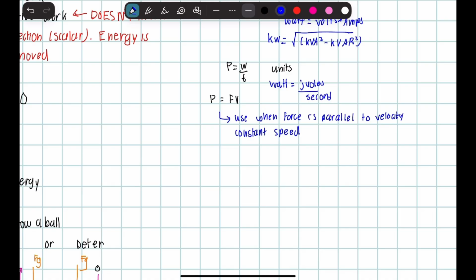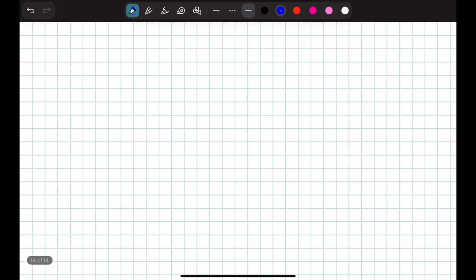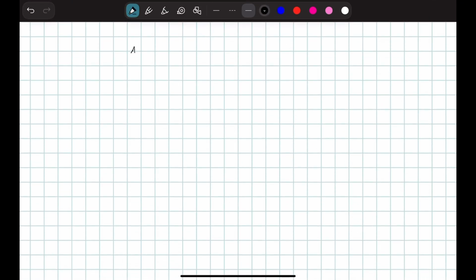Now let's do some practice problems. So let's say that we have a 5.0 kilogram box pulled 10 meters across a horizontal floor by a 30 newton force applied at 40 degrees.